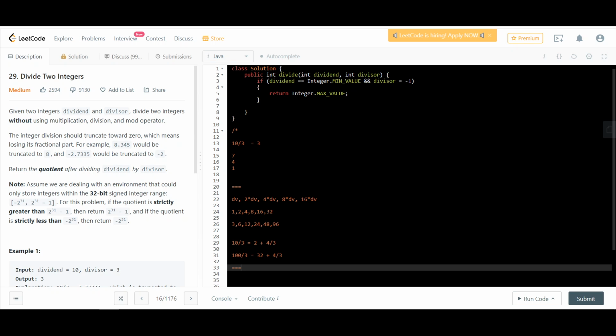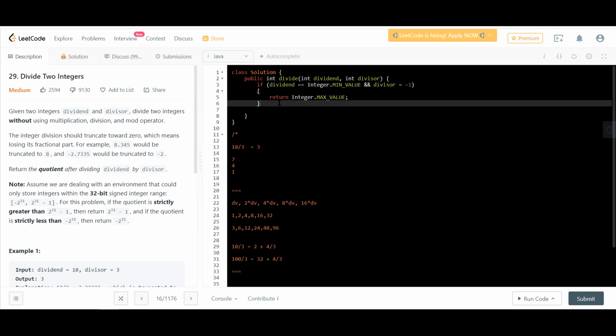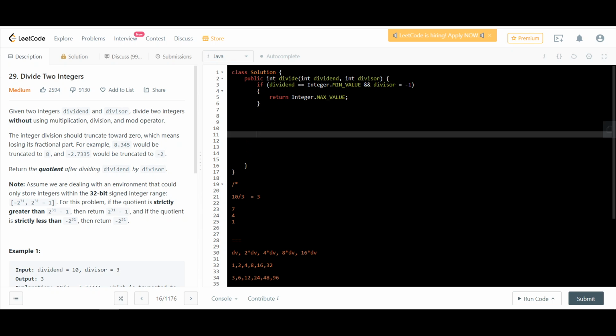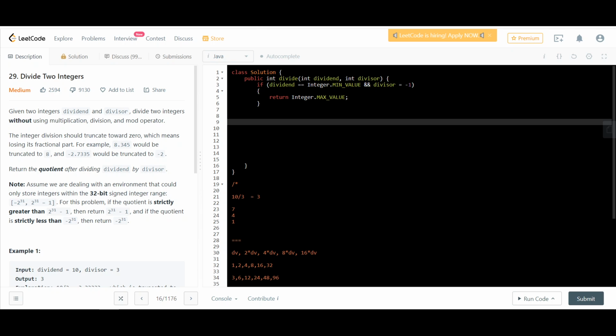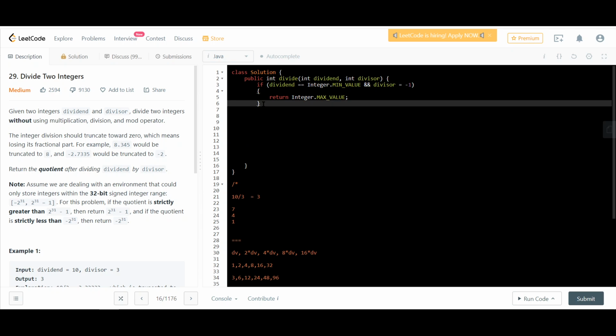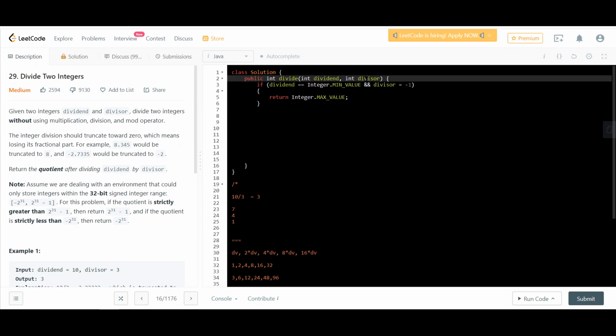Okay, fair enough. Now coming back to code it up. First thing you can see is it's an integer. It can be positive as well as negative. So we want to handle only positive. And before that, there are other cases. Firstly, do we have a divide by 0 error?